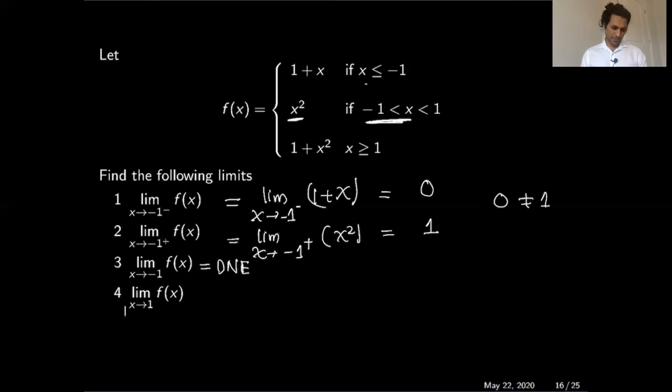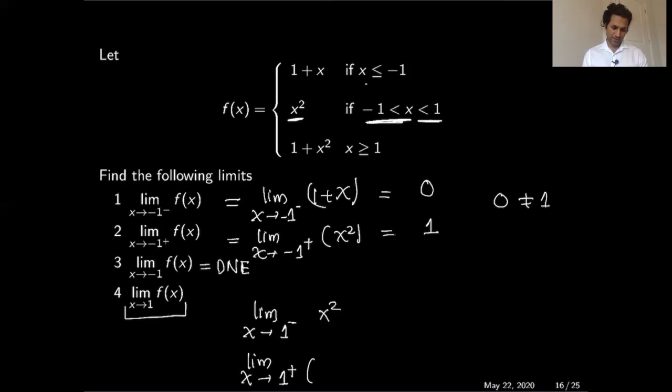In part 4, we have to compute the limit at 1. Before I calculate the limit at 1, I will calculate the limit at 1 from the left and the limit at 1 on the right. On the left of 1, the function is x squared.